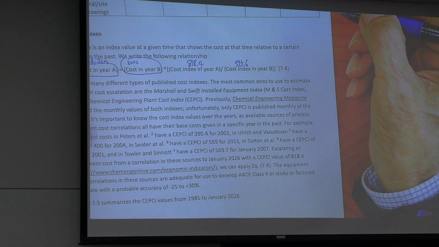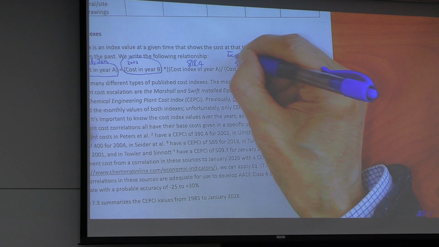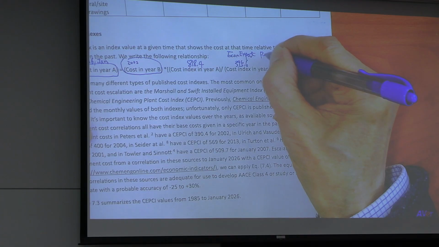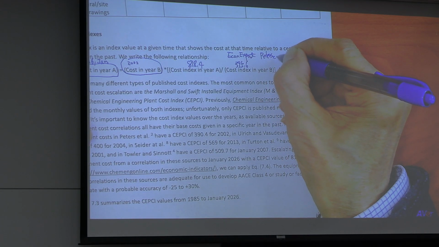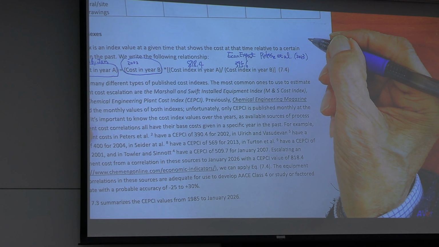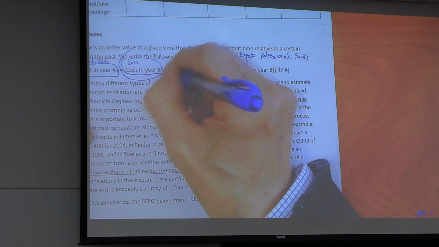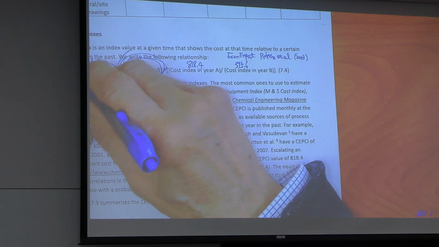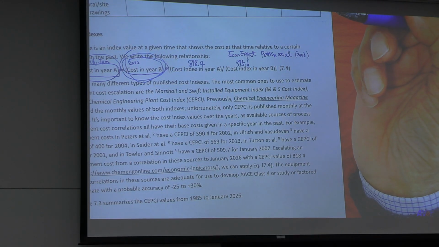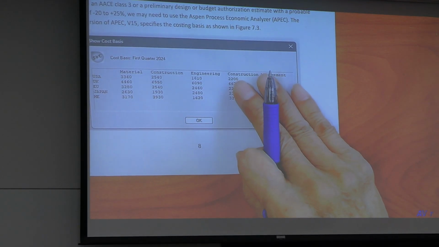If you go through the econ expert or Peter and Timmerhaus, you have their cost. What is the current cost? The ratio of the two. Okay?